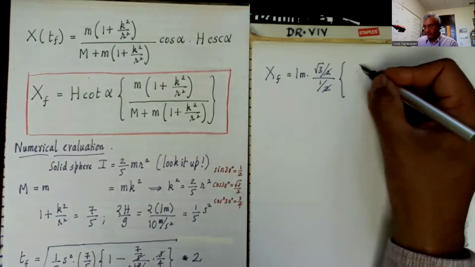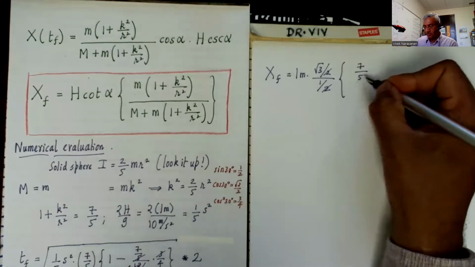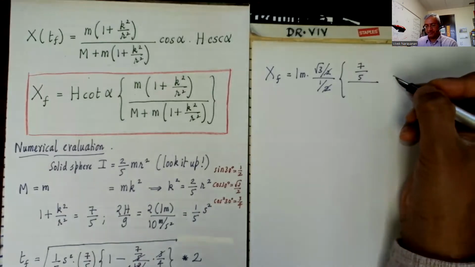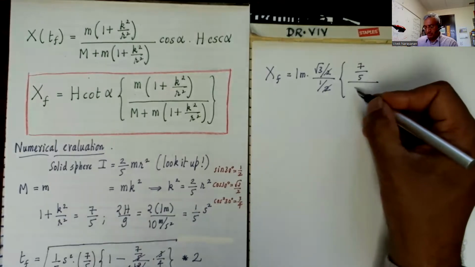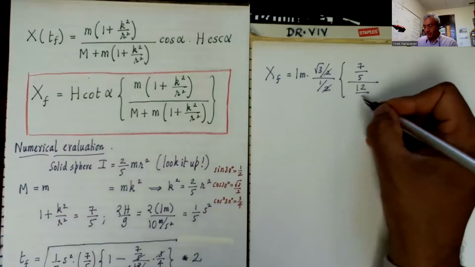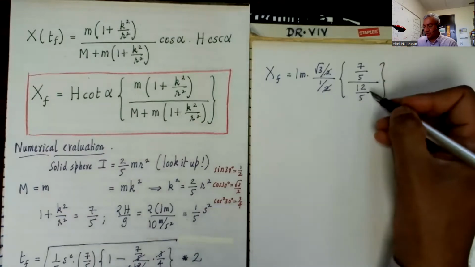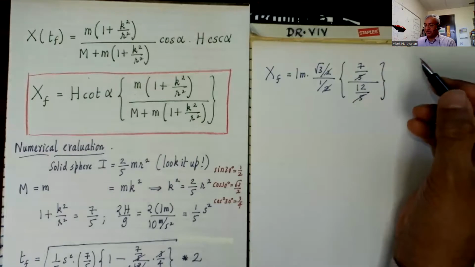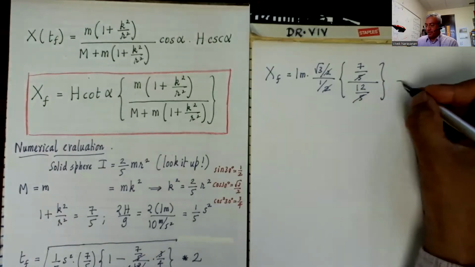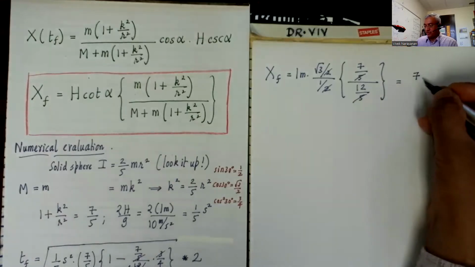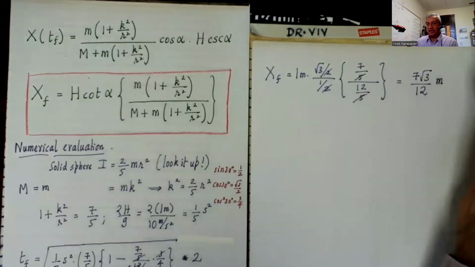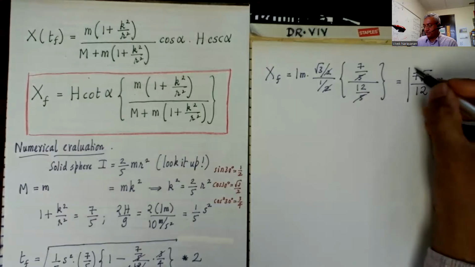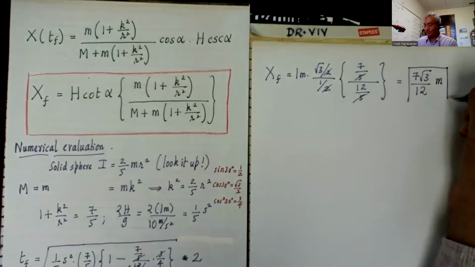So I'm going to get 7/5 divided by 1 plus 7/5, which is 12/5. Cancel out the 5s. I don't think this can be simplified anymore. So that's going to be 7√3 over 12 meters. That's how far the wedge itself has gone to the left.